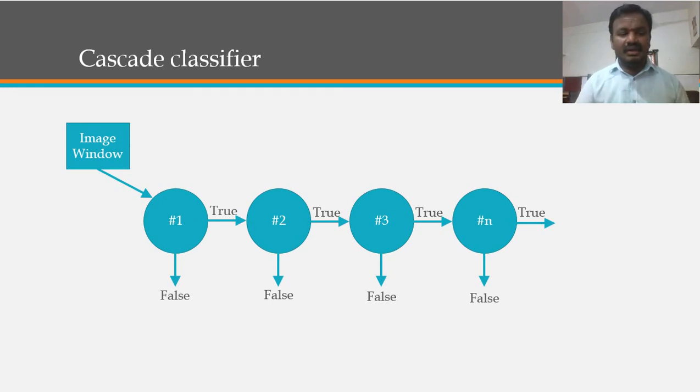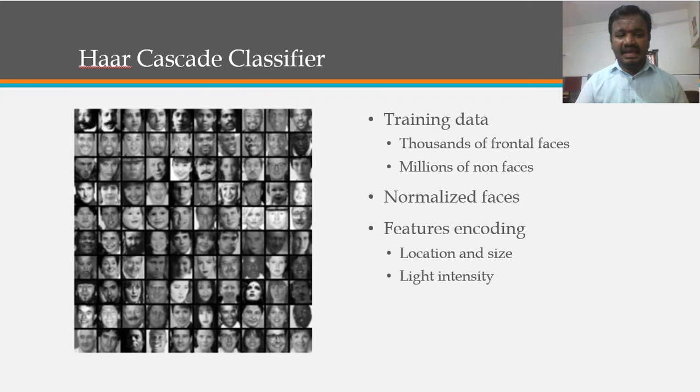For the Haar cascade classifier, we have been trained with thousands of frontal faces. As we discussed, you should have thousands of frontal faces and millions of non-faces, which is negative data. Non-faces can be in a forest, a shopping mall, or somewhere else, and that adds more value.